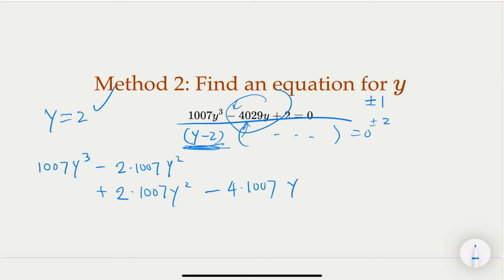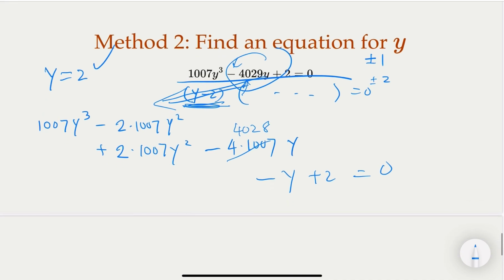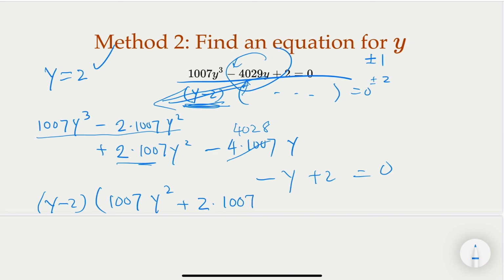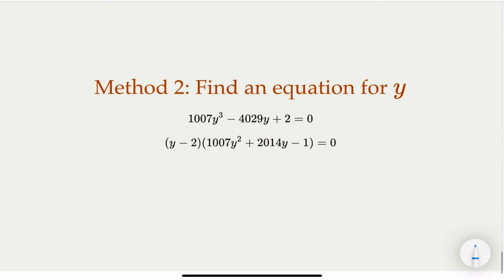This is 4028, so we need to further minus y, and then plus 2 equals 0. You rewrite this in terms of this term plus this term plus 3 terms, right? Now you can factor, with y minus 2 as the factor, and the first term is 1 minus 2 times 1007y squared, and here is 2 plus 2 times 1007y, and here is a minus 1, right? Equal 0.